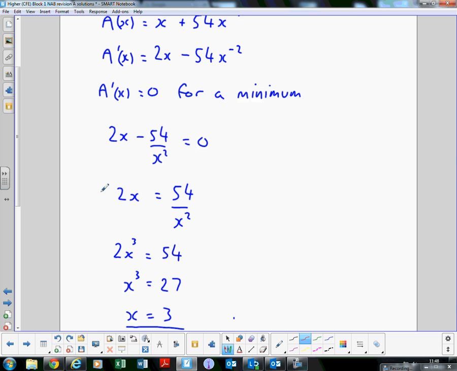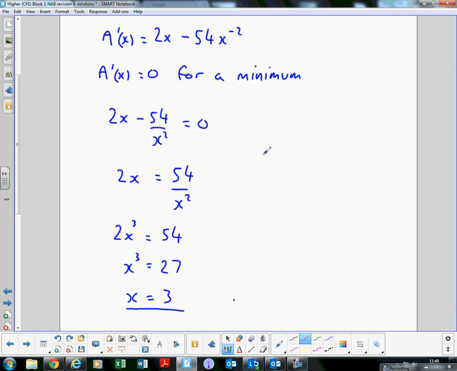Then we can multiply both sides by x squared, which essentially takes this term up to here and multiplies it by the 2x. Either of those two methods will result in 2x cubed equals 54, which in turn means that x cubed equals 27. Cube root of 27 is 3.